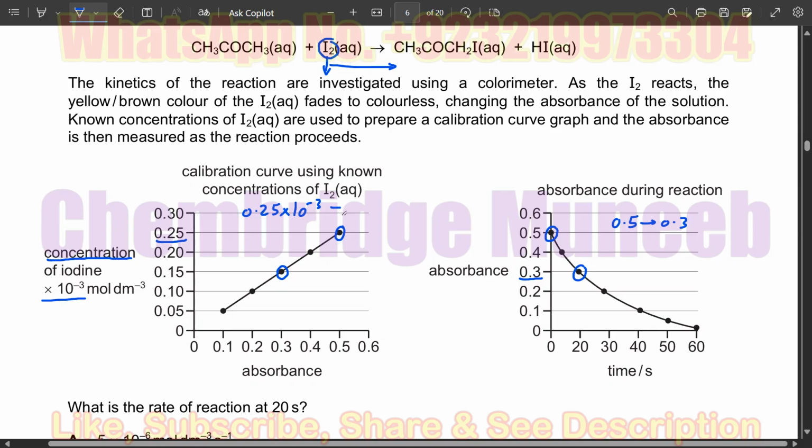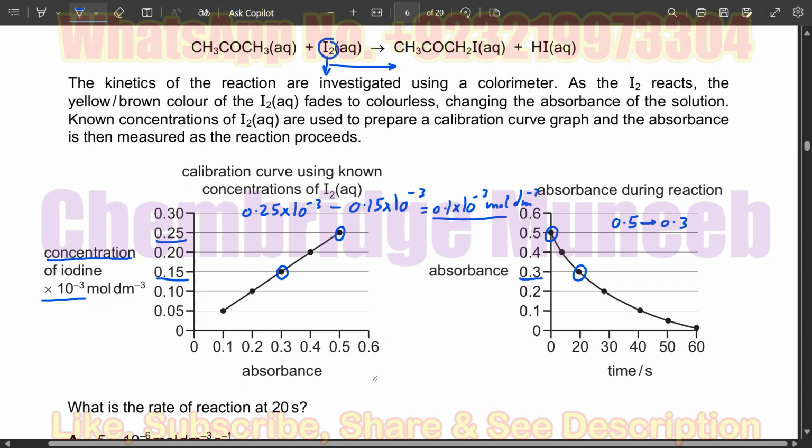So how much is the amount used? 0.25 minus the value in front of 0.3, which is 0.15, so 0.15 times 10 raised to the power minus 3. Now if I take the difference, it is 0.1 times 10 raised to the power minus 3 mol per dm cubed. And that's the change in the concentration.